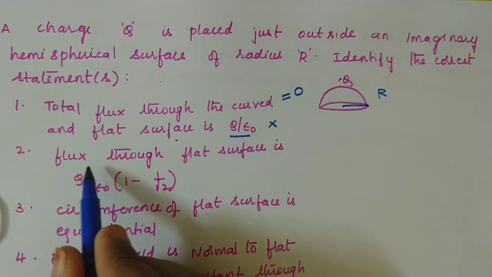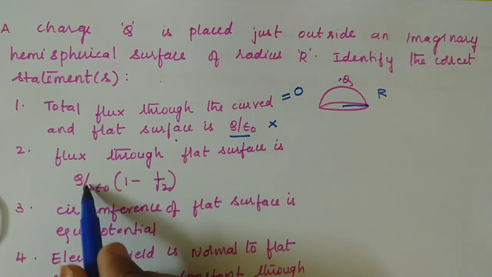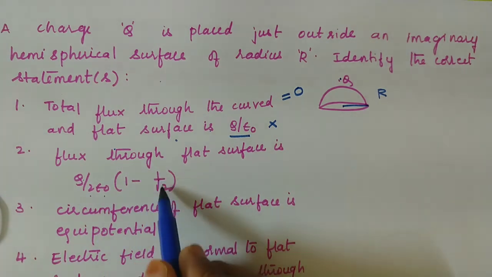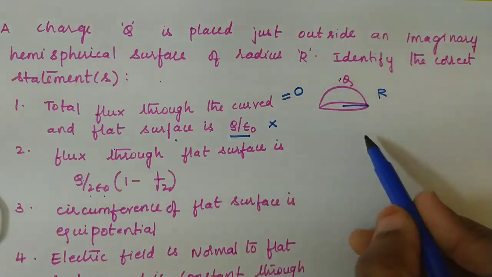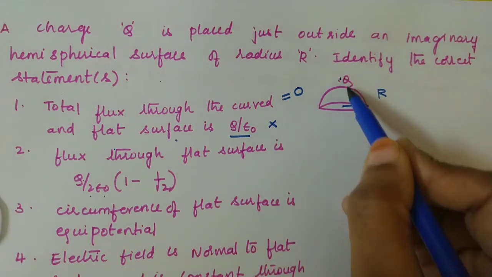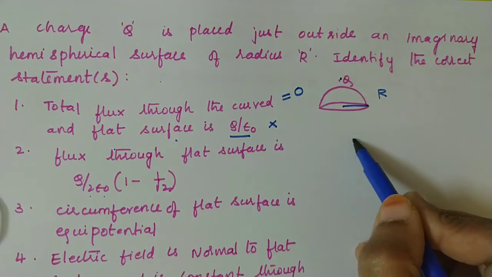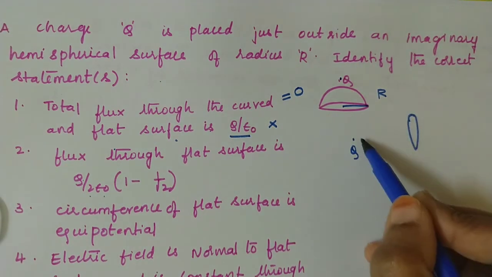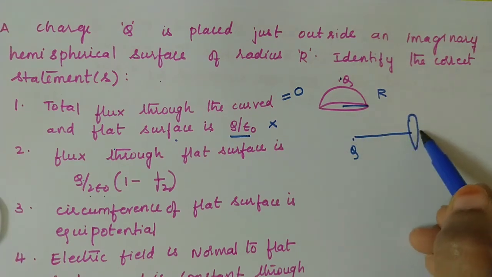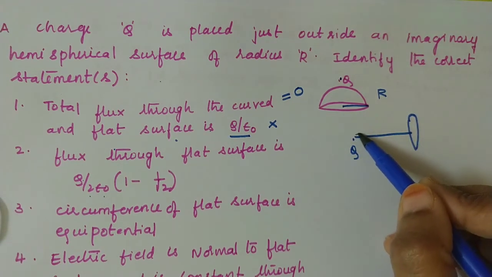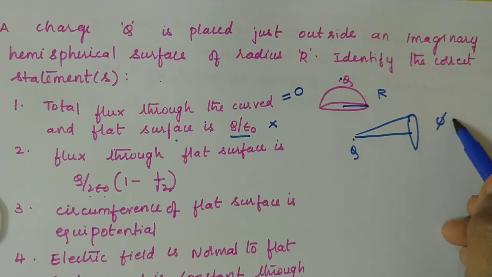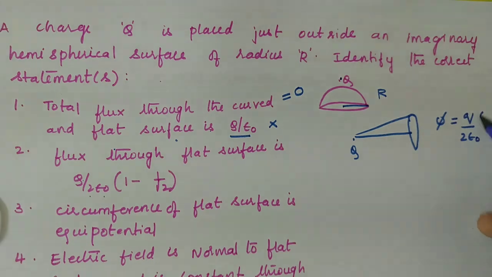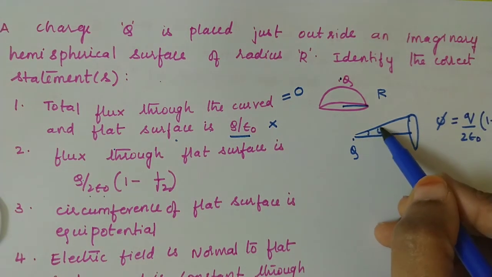Come to the second one. Flux through the flat surface is Q by 2 epsilon naught, 1 minus 1 by root 2. Let's check. So if this is a point charge and this is your flat surface, we have already studied from Gauss law. If you have a circular surface at some distance from a charge q, then the flux passing through it is given by q by 2 epsilon naught into 1 minus cos theta, where theta is this angle.